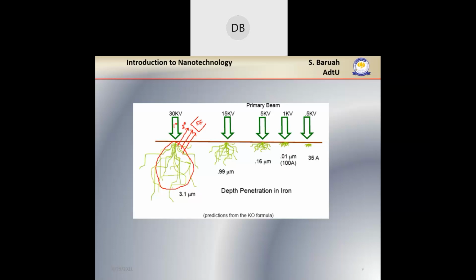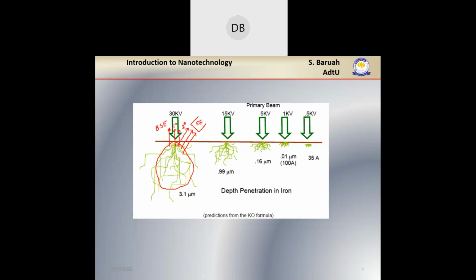Now there will be some electrons that will actually go back vertically up like this also. They go up vertically, in the opposite direction of the incoming electron beam. This type of electrons which goes vertically back, we call the backscattered electrons, or BSE.